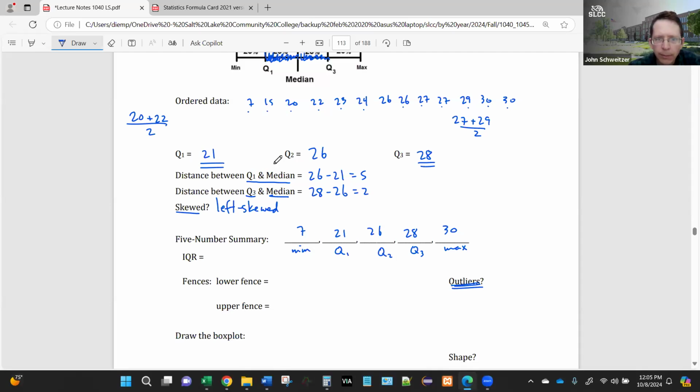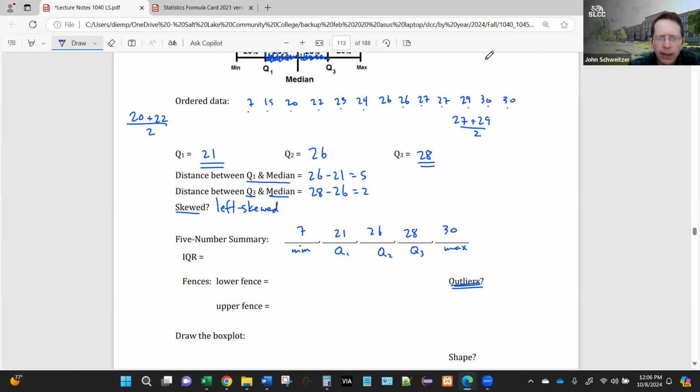So let's look up here at the data, and you guys tell me, are there any values in here that seem to just not belong? Or are they all just kind of in line with each other? Is there anyone that sort of stands apart? What do you guys think? It's in order. Any values here that seem totally different?